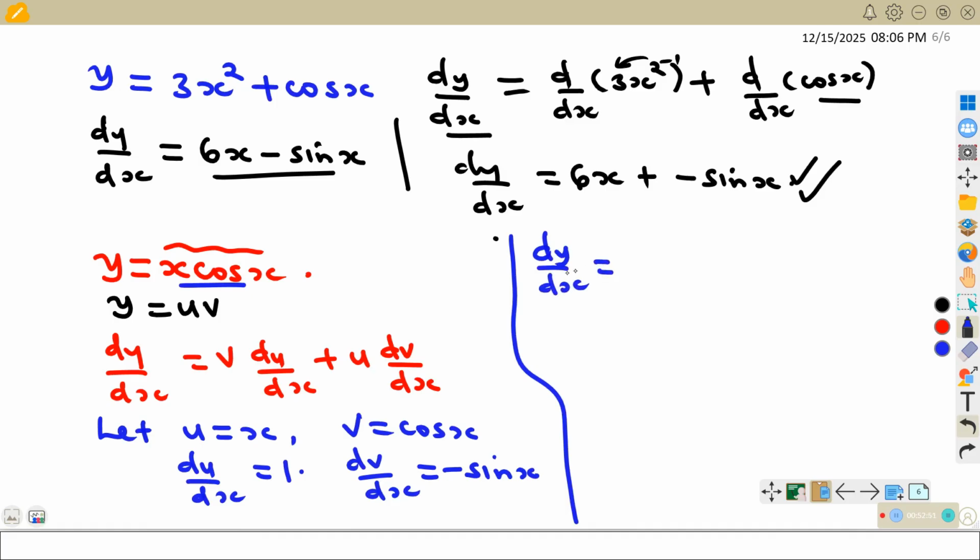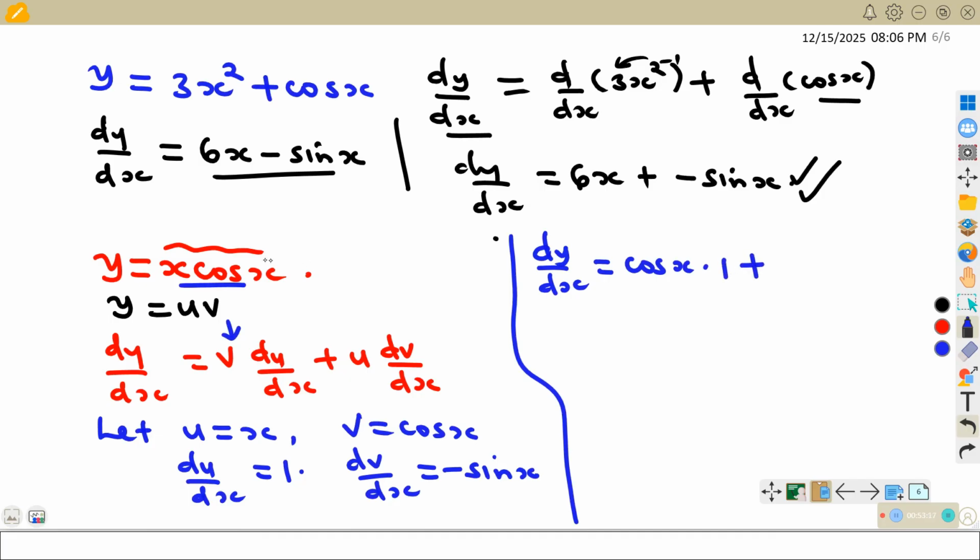dy dx will be same as uv, which we said will give us v du dx plus u dv dx. So for that case, our v is cos, so this will be cos of x times du dx, and du dx is 1.